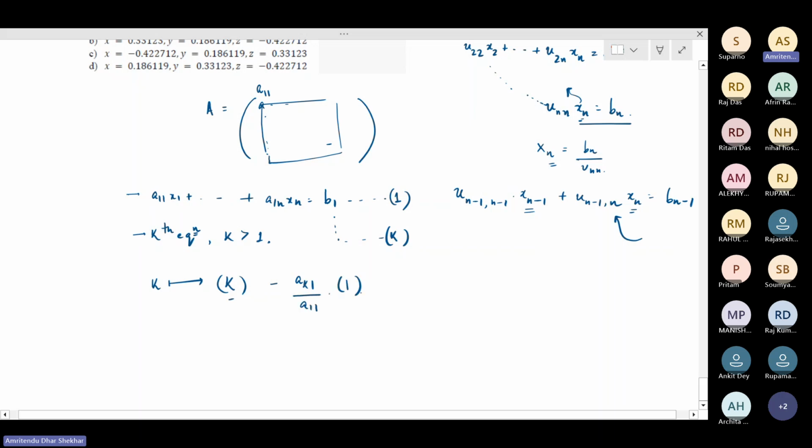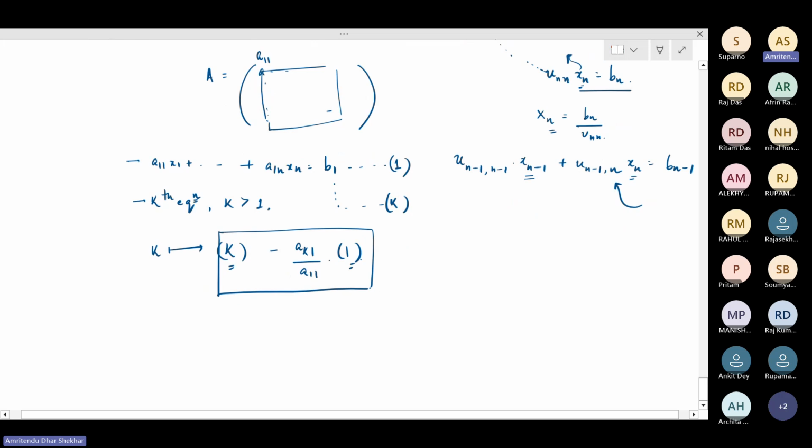So when you do this, the coefficient of x1 in the kth equation now becomes 0.